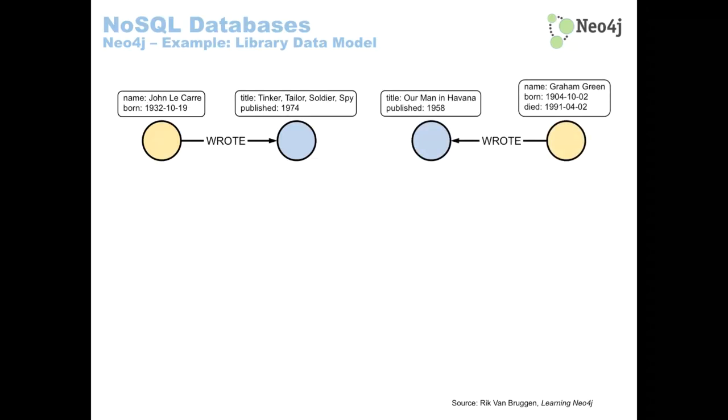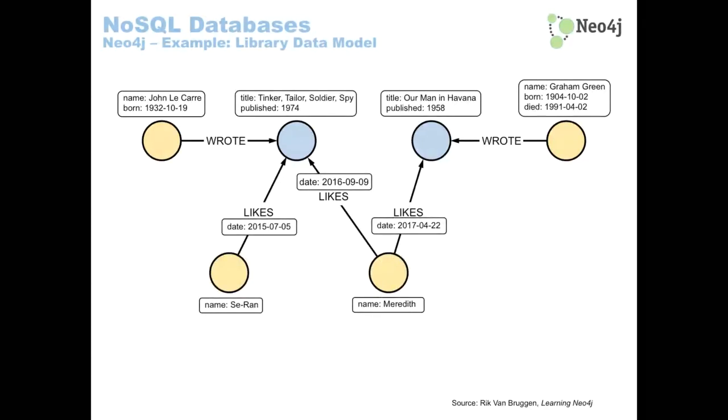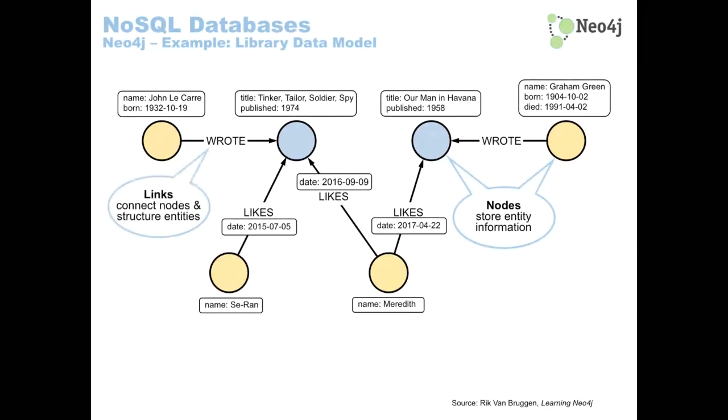Here's another example. Graham Greene wrote Our Man in Havana. Then we have some readers down here. Sayron likes Tinker, Tailor, Soldier, Spy. Meredith likes both of them. The nodes store entity information.